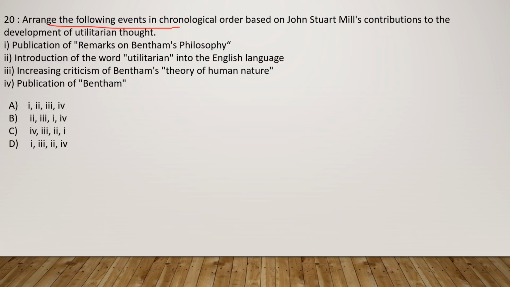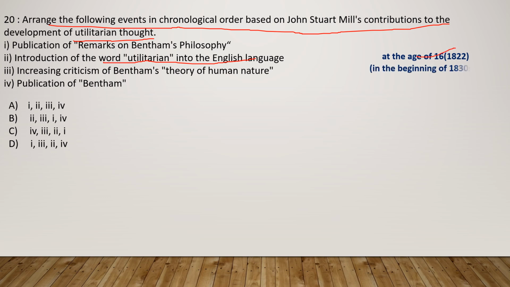Arrange the following events in chronological order based on John Stuart Mill's contributions to the development of utilitarian thought. First, introduction of the word utilitarian into the English language at the age of 16 in 1822. Then increasing criticism of Bentham's theory of human nature in the beginning of the 1830s.